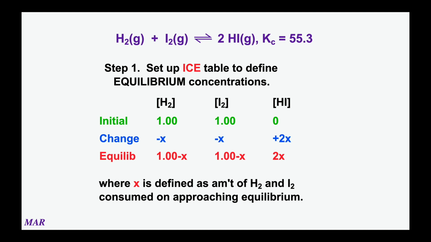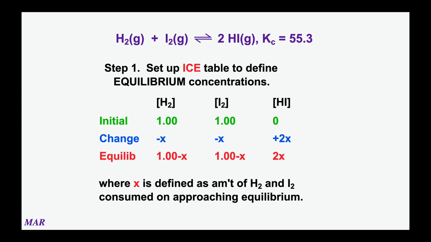On the other hand, as they go down by x, HI is going to go up by 2x. It's got a stoichiometry of 2 relative to the 1 H2 and the 1 I2. So at equilibrium, we're going to have 1 minus x for both H2 and I2 and 2x for HI. So x here is just the amount that these things are going to change.